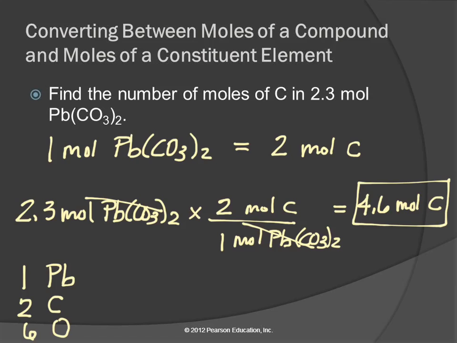And so we could make a relationship of moles of lead to moles of lead carbonate. It'd be 1 mole of lead, 2 moles of carbon, or 6 moles of oxygen per mole of lead carbonate. It's conversion factors that are just lurking in that formula. Any questions?